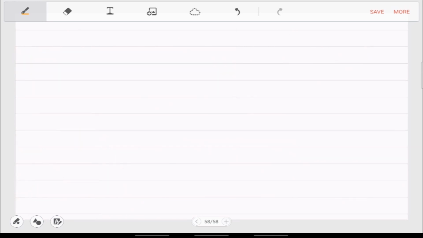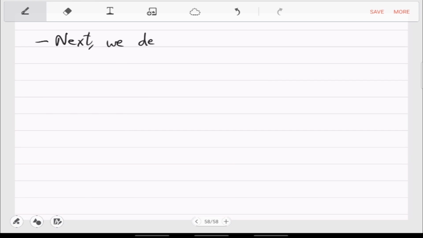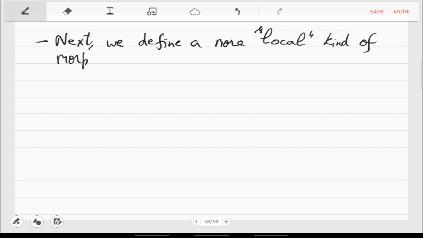So, next we define a more local kind of morphism. We have already defined a morphism. Next time we will define what is called a rational map.